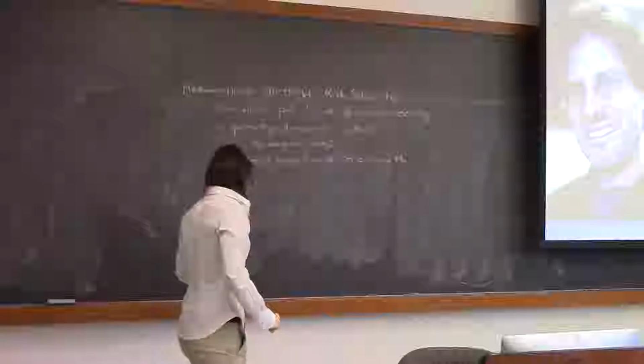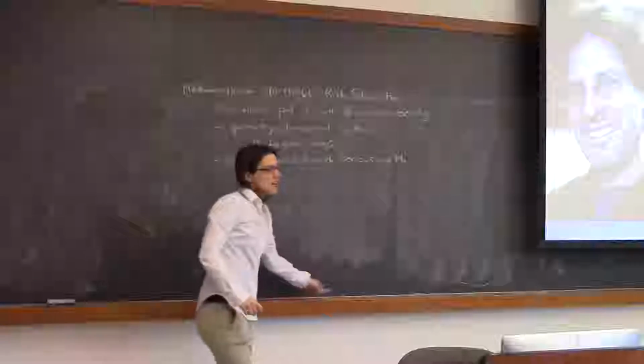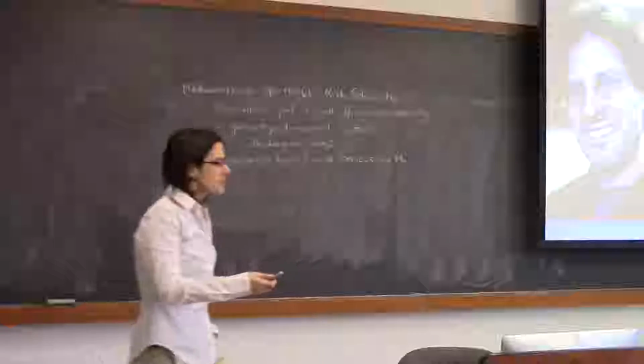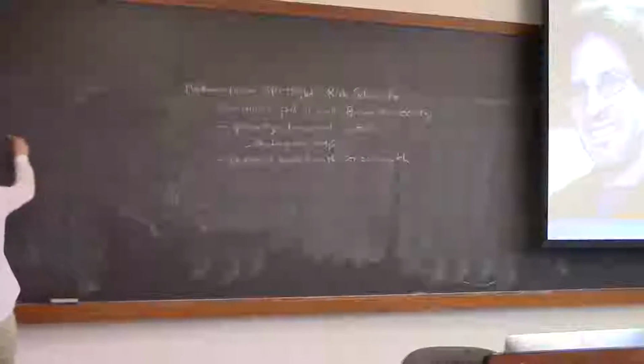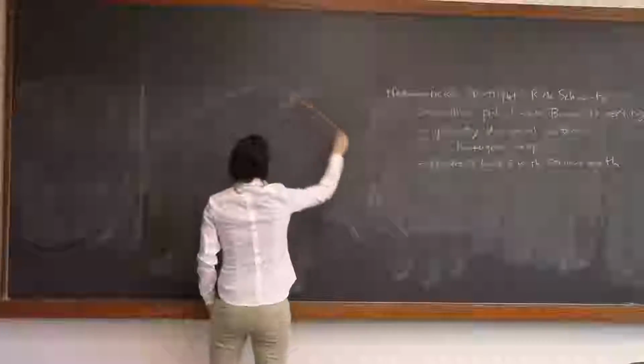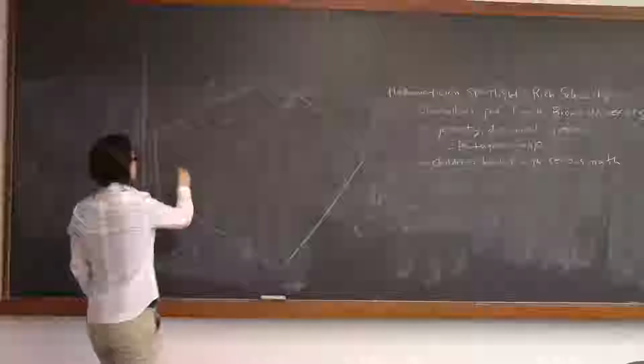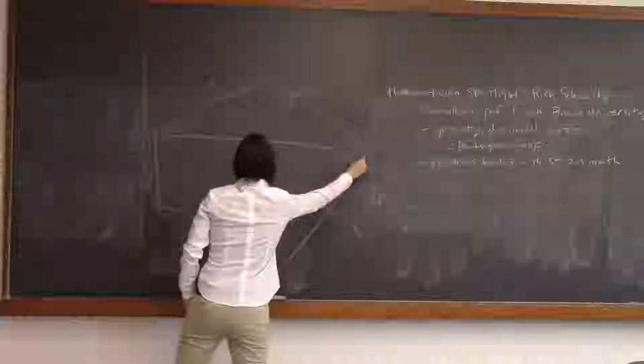One of the things that he was doodling with in undergrad, I don't know if any of you like to doodle, but here's a doodle that Rich liked to do. He would draw a pentagon, and then he would make a star with the vertices.